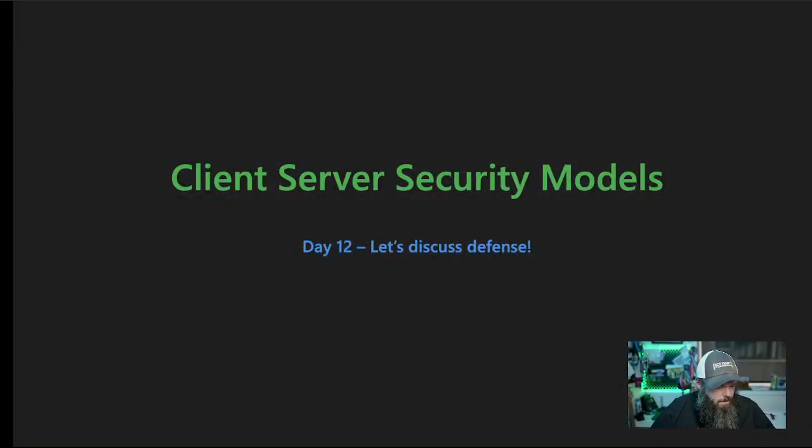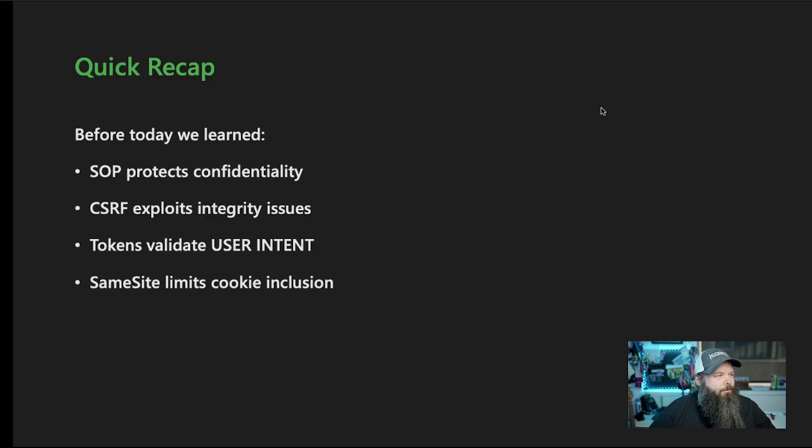Cool. So today we're going to talk about defense a little bit of some of the things that we've been talking about for a bit. Before today, we did learn some defense things, right? We learned that same origin policy protects confidentiality, not integrity. We learned that cross-site request forgery exploits integrity.